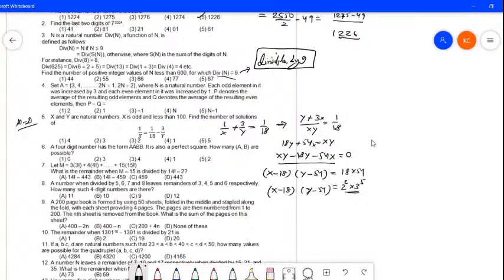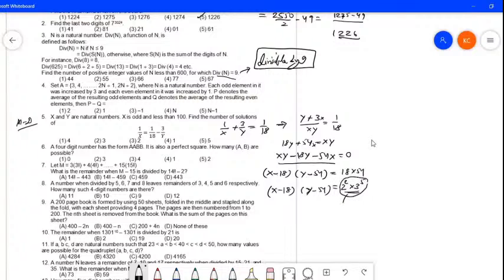Now coming to the question, x and y are natural numbers, x is odd and less than 100. Find the number of solutions. Now the restriction is particularly with x. There is no restriction with y, so we have to find x. X is odd, so we have to find its factors which are odd.